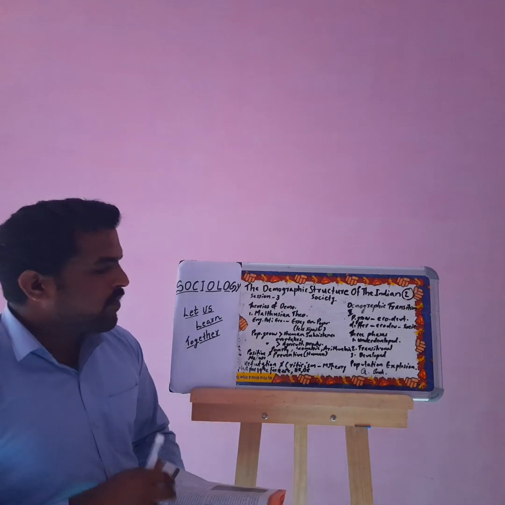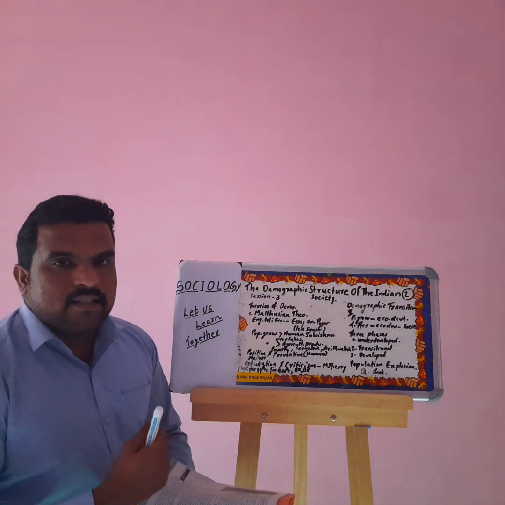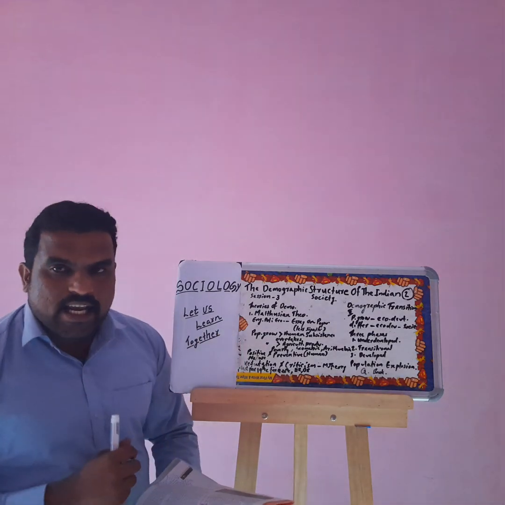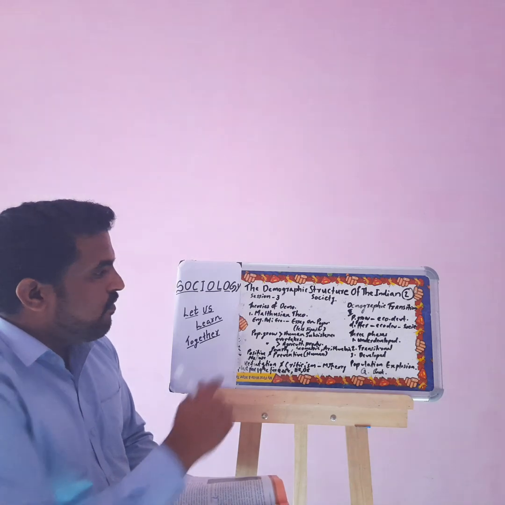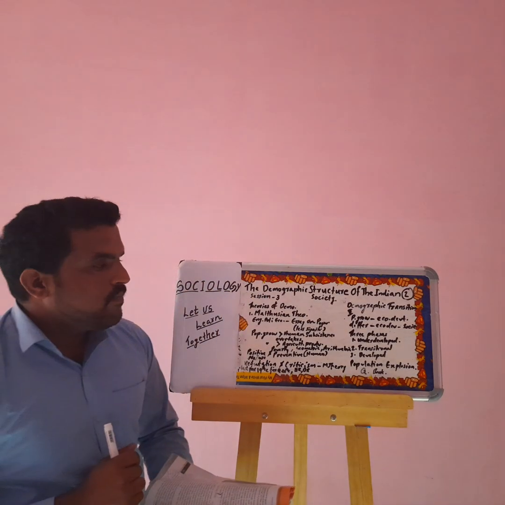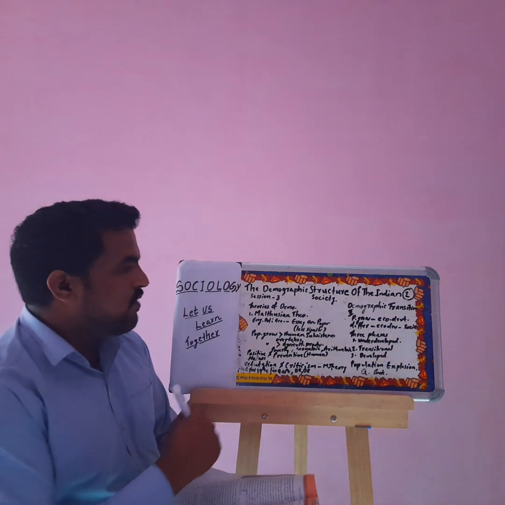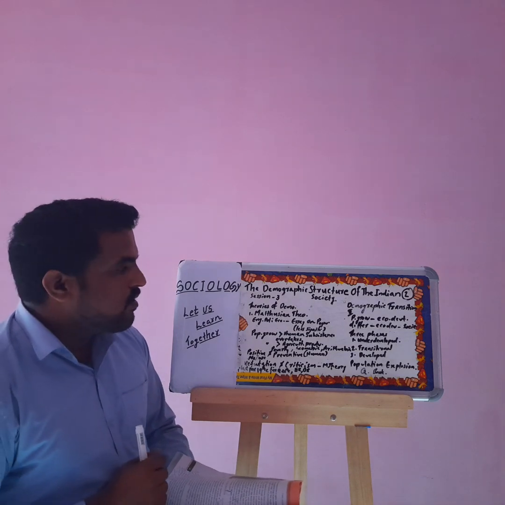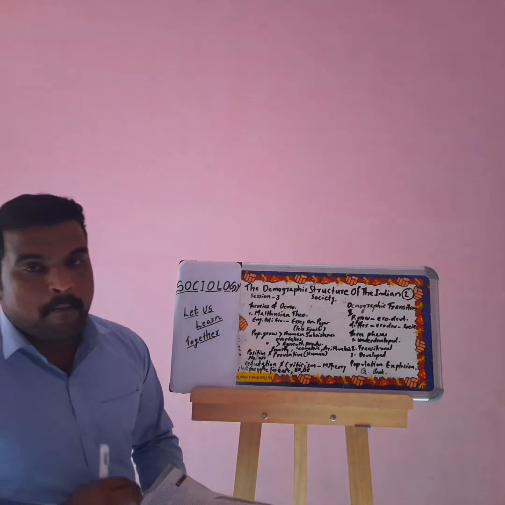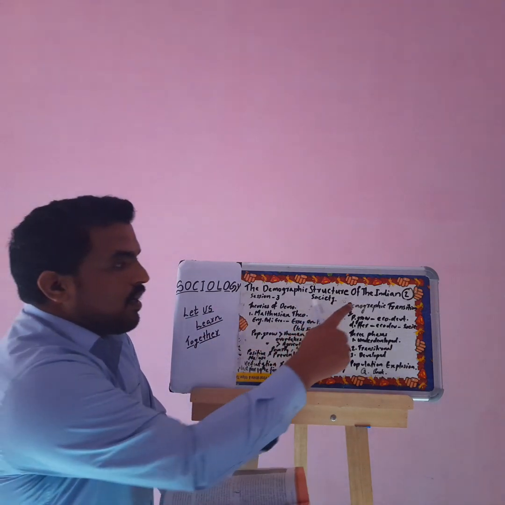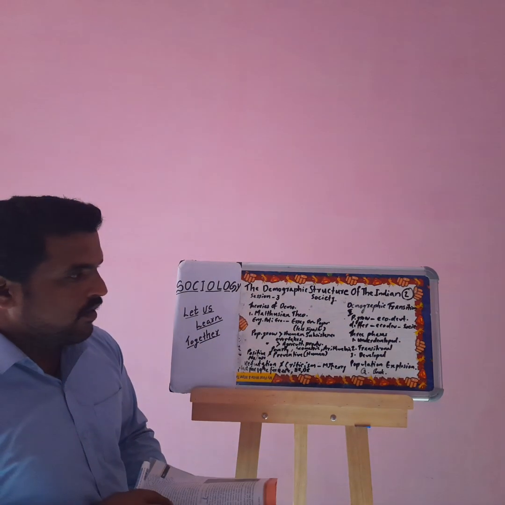So I want to go through the points again. In this session on the chapter, the demographic structure of the Indian society, we were going through the theories of demography. First, Malthusian theory. Second, the demographic transition.